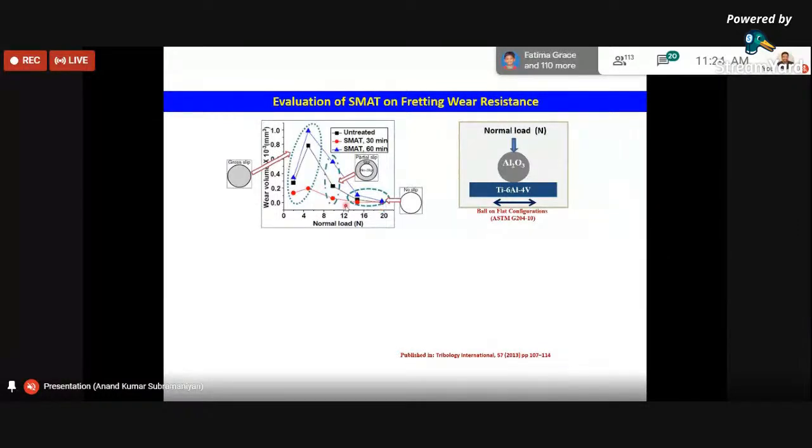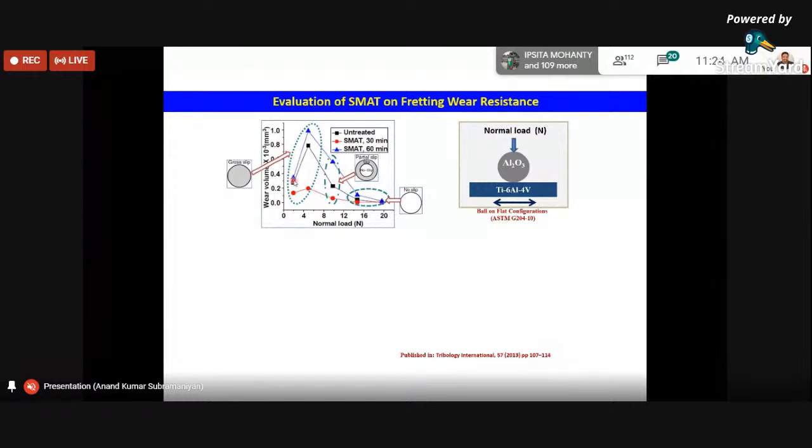So the takeaway from this graph is that the SMAT treated samples showed better fretting wear resistance compared to your black colored untreated sample, which is obvious because you have better surface hardness as well as compressive residual stress on these samples.